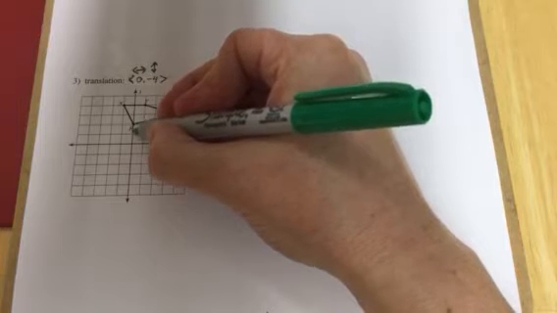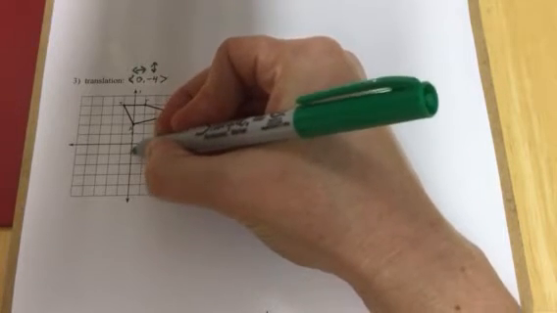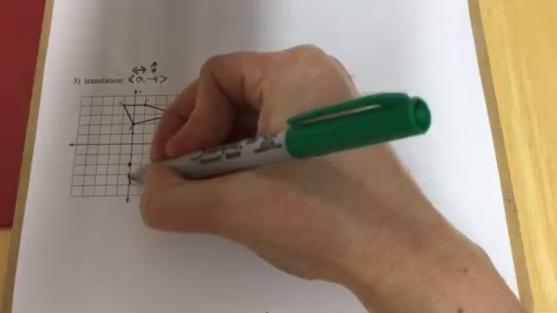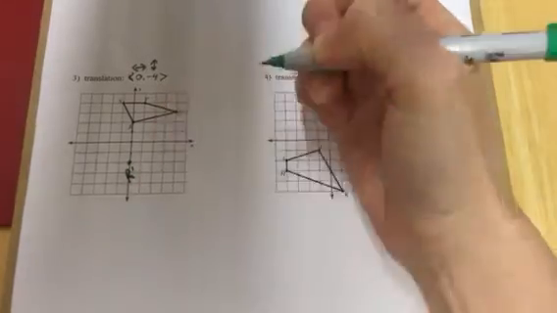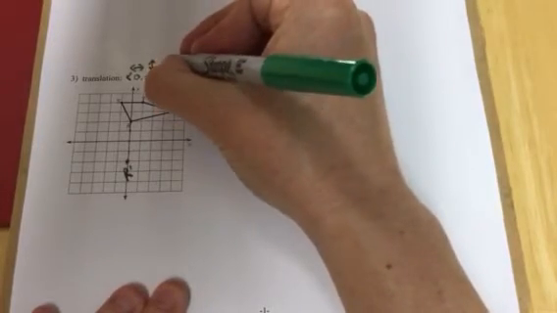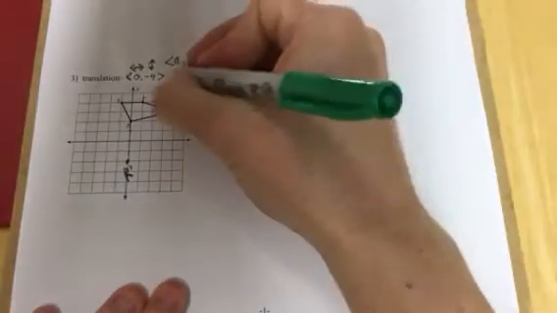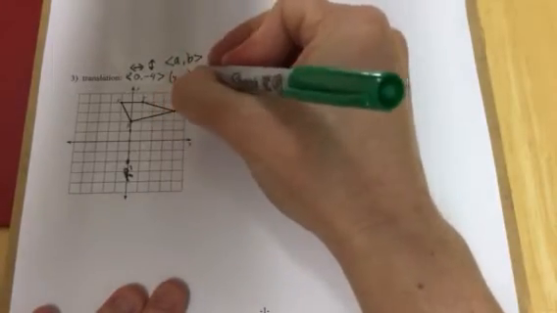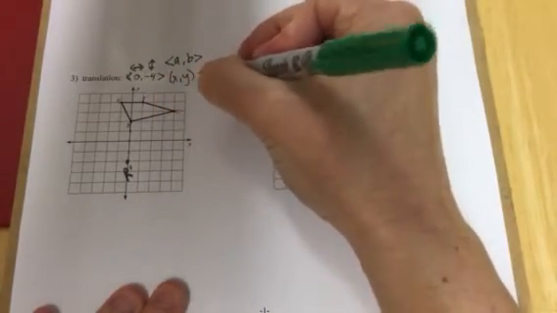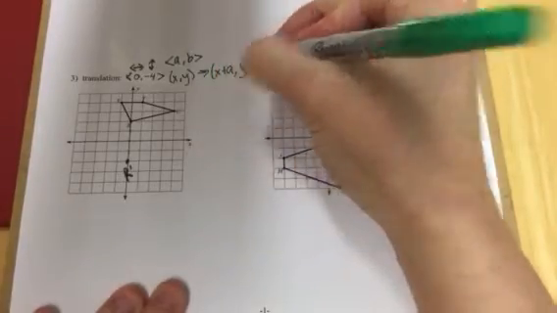R prime is going to be 4 units below that. So 1, 2, 3, 4. Here's our R prime. Now if we were using our coordinates rule, we said that if the vector looked like this, you would take the coordinate x, y, and it becomes x plus a and y plus b.